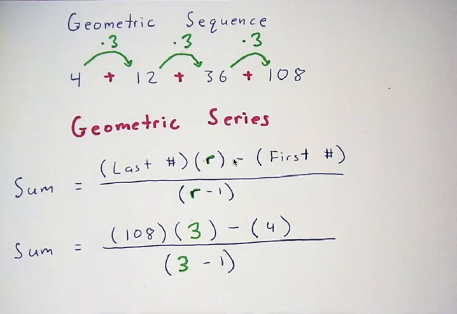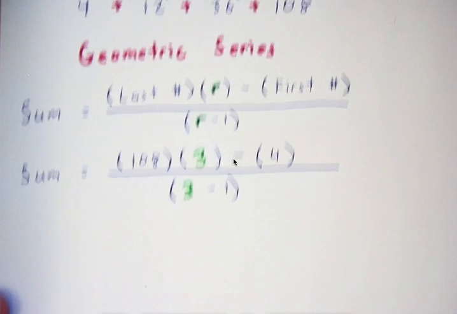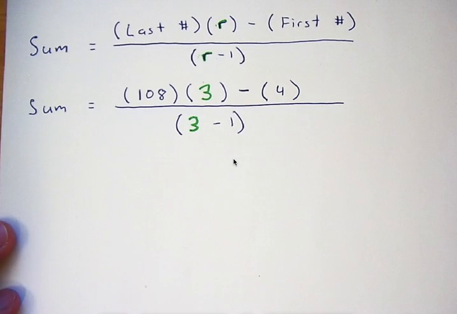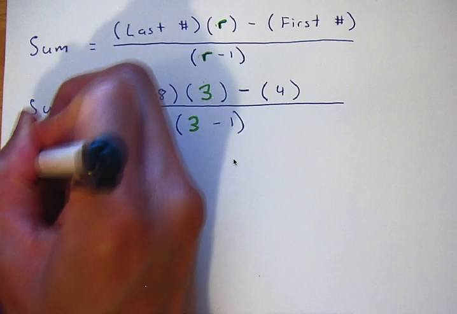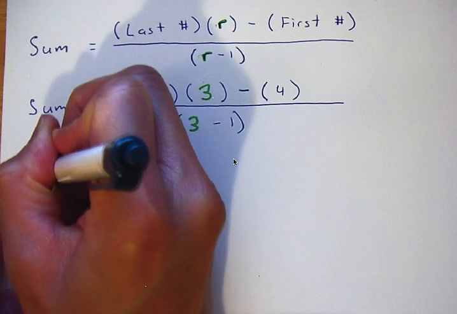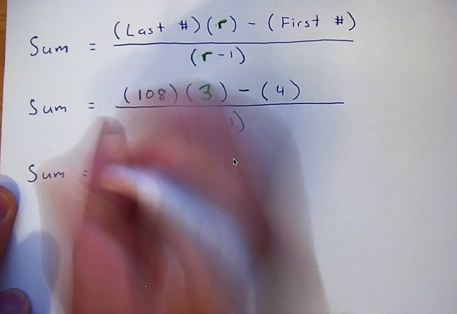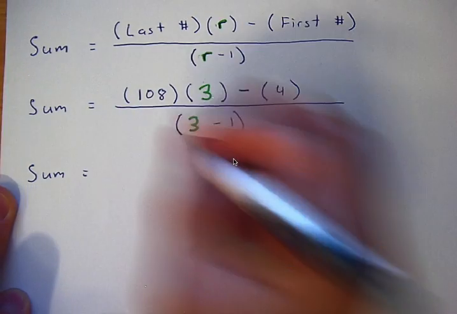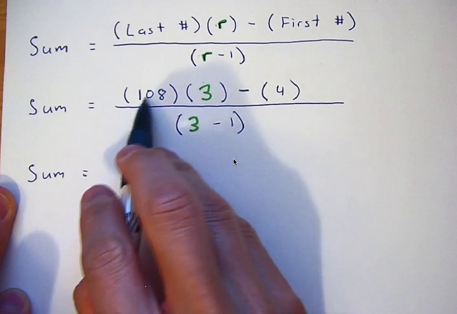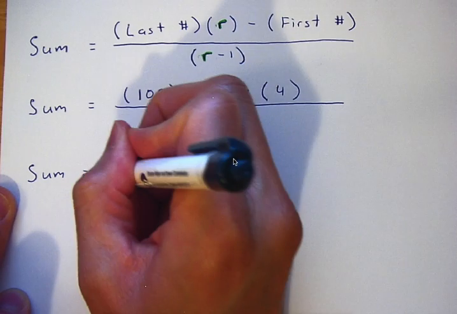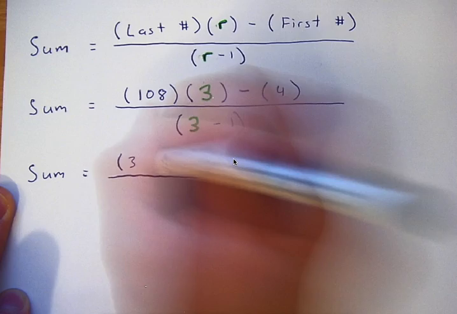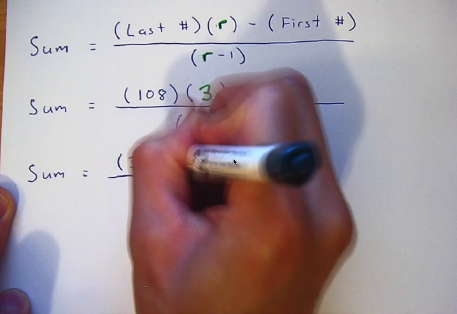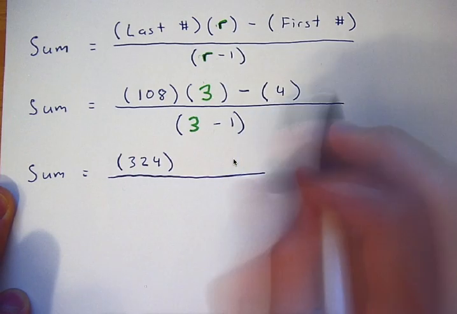Okay, let's simplify this. So our sum is equal to 3 times 108. That is 324 minus 4.